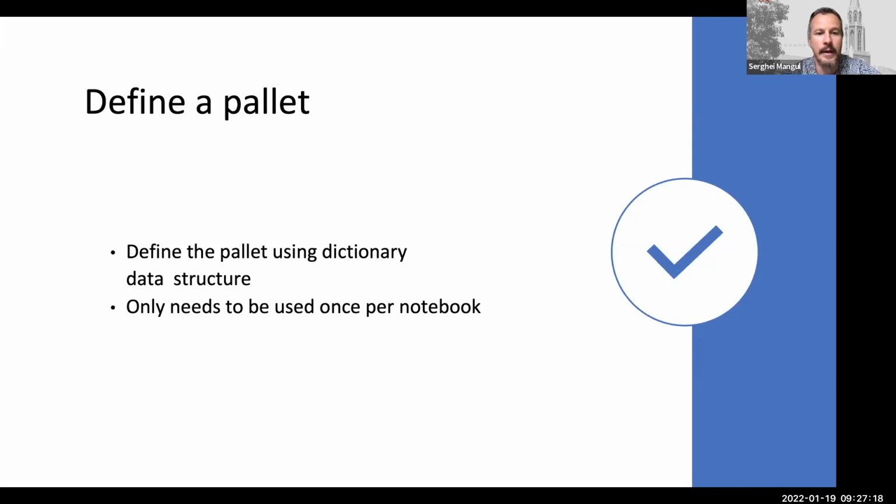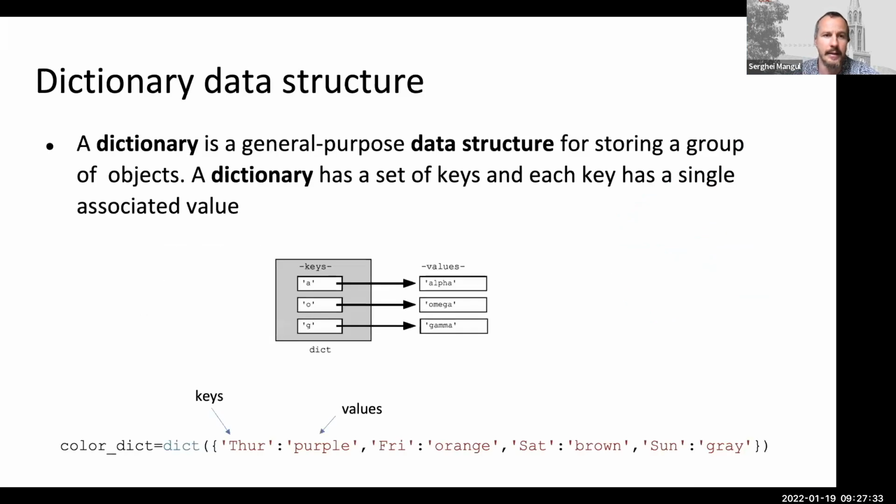Okay, so we'll define the palette using the dictionary data structure, and then we will use it once. A reminder about the dictionary: we have keys and values. The keys will be the elements, say Thursday, Friday, and so on. We want a one-to-one relationship with the values, and the values will be the colors. In other words, we would like each color to correspond to one day.